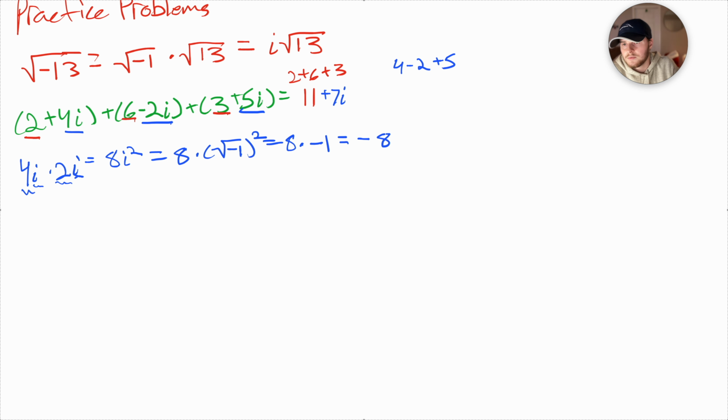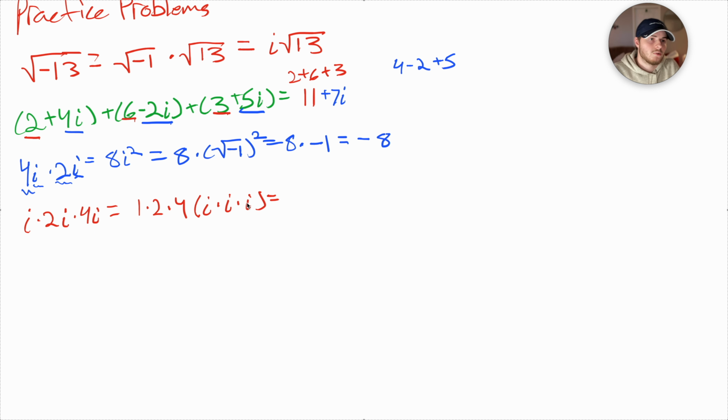Let's say we got i times 2i times 4i. So this is where we're going to work in a little bit of higher powers than just i squared. So we're going to have 1 times 2 times 4 for the real numbers. And that's going to be multiplied by i times i times i.